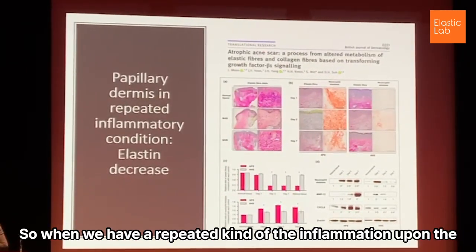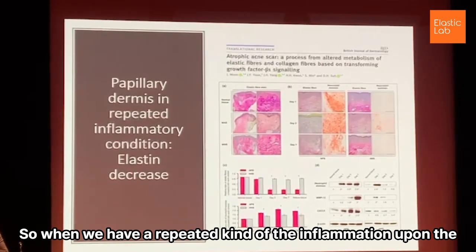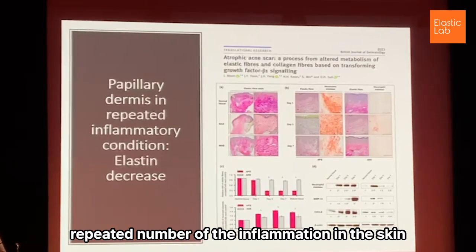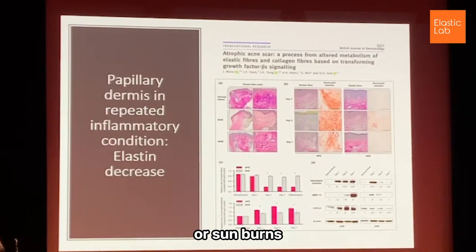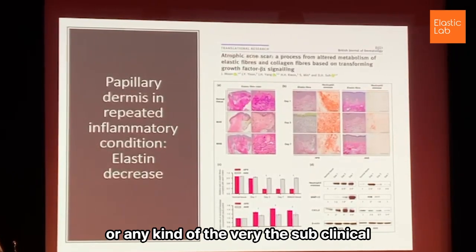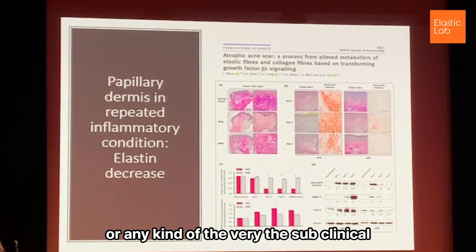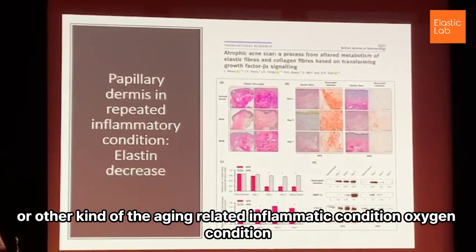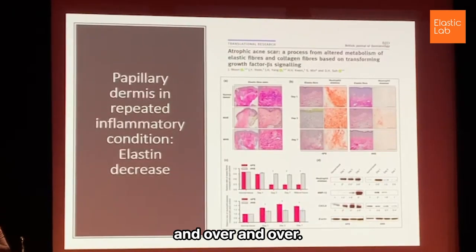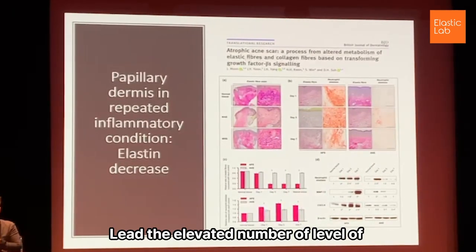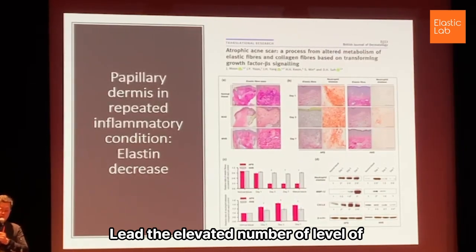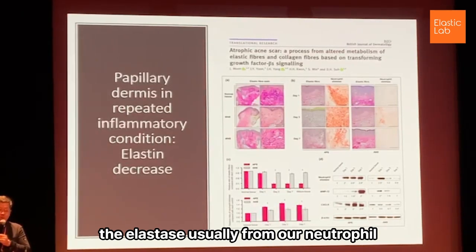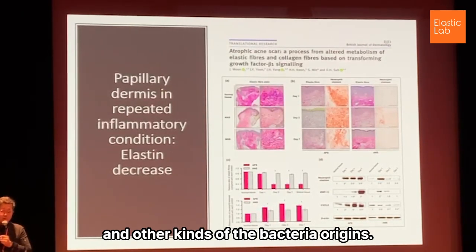So when we have repeated inflammation from other diseases, repeated inflammation in the skin, or burns, or any subclinical aging-related inflammatory or oxidant condition, over and over and over, the papillary dermis is affected by elevated levels of elastase, usually from our neutrophils and other bacterial origins.